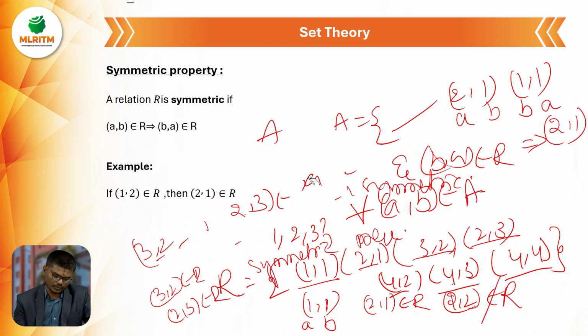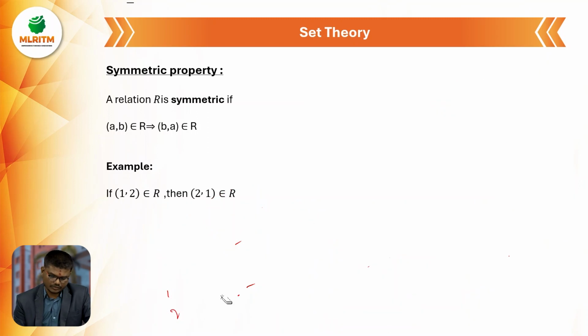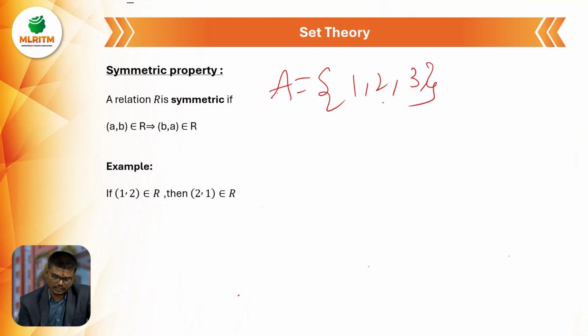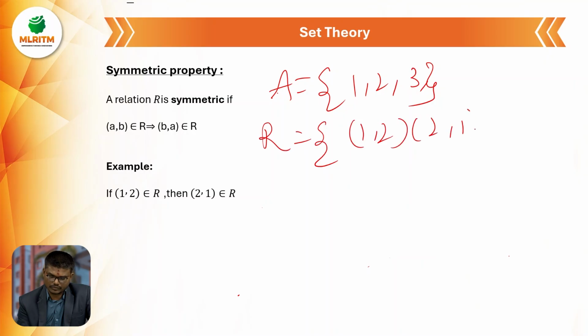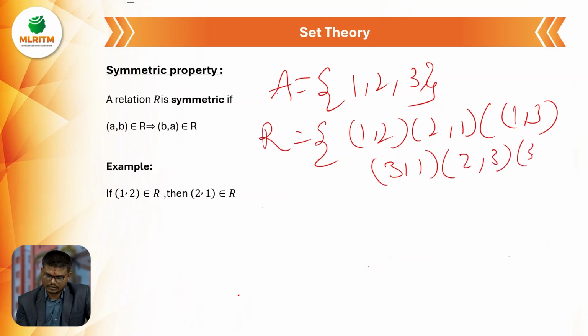And I will give one more example for the symmetric property. Set A equals 1 comma 2 comma 3 and relation R equals 1 comma 2, 2 comma 1, 1 comma 3, 3 comma 1, 2 comma 3, 3 comma 2.